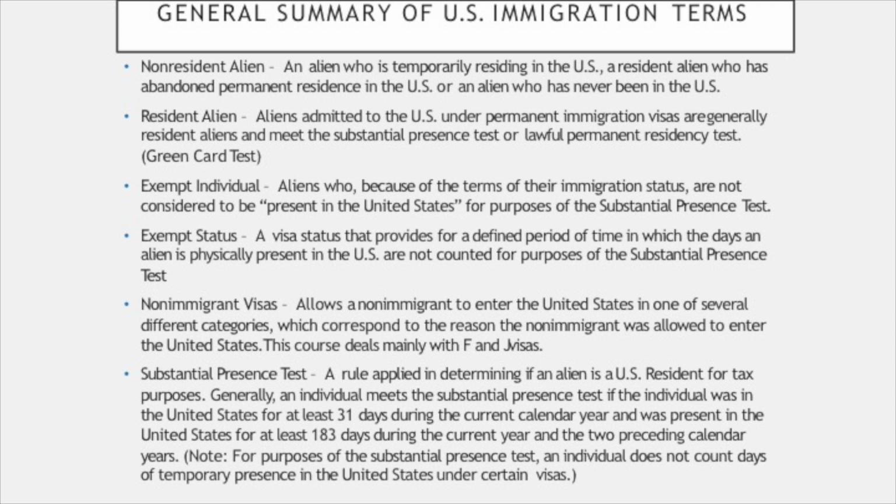The first one is what we call non-resident alien. This is a person who is temporarily in the United States, usually as a student, a visitor, possibly temporary work. And the idea is they're non-immigrant. They're not immigrating to the United States, and after they finish whatever purpose they're here for, visiting, training, working, they return to their home country.